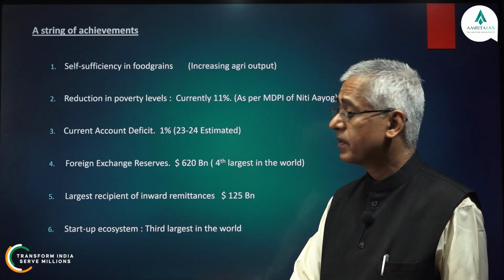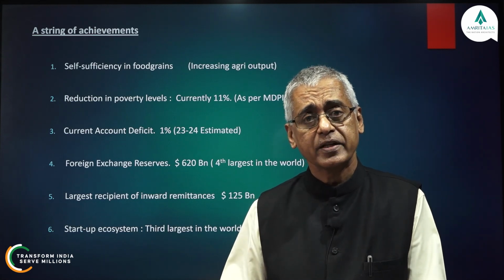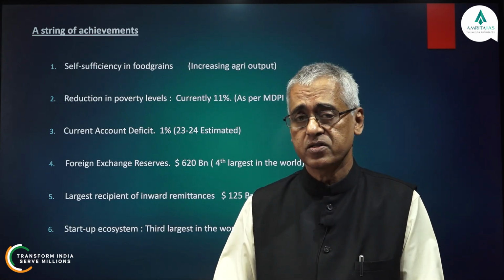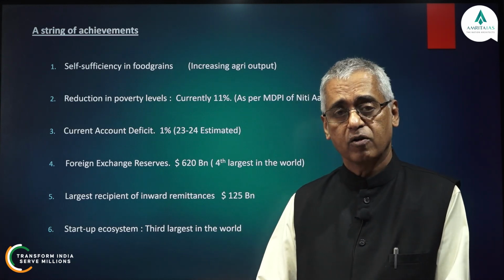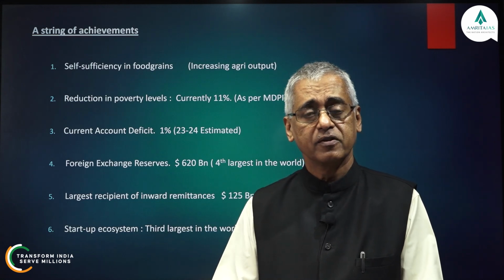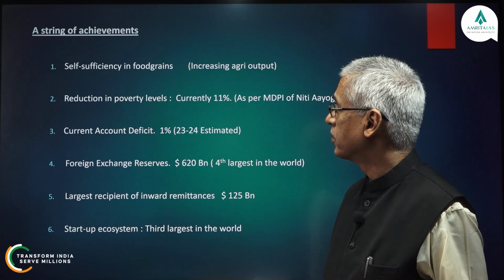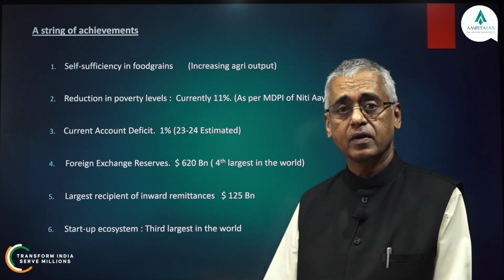Today we have food grains output estimated at about 330 million tons per annum. Along with that, we are the largest producer of milk in the world, the second largest producer of sugar, and so on. So that's a major achievement.